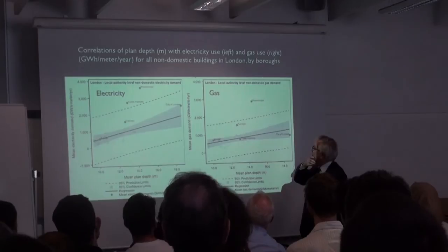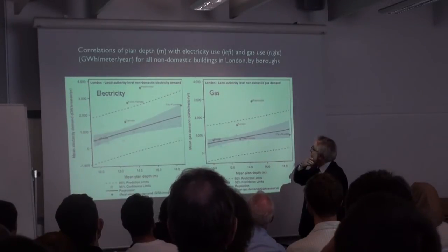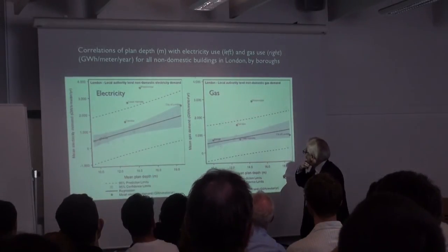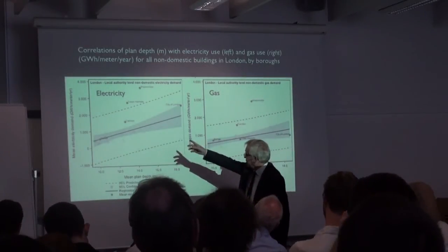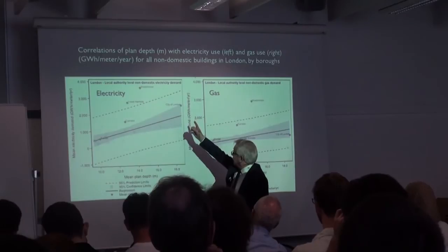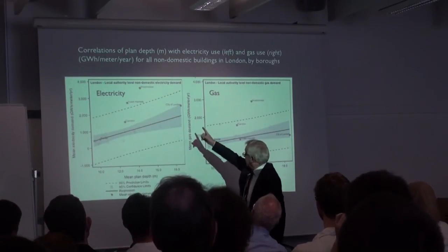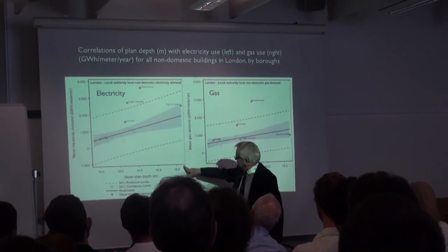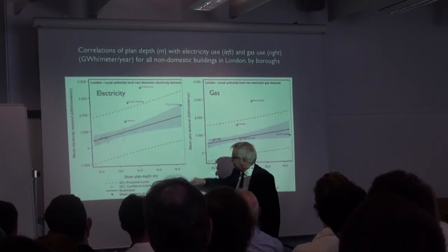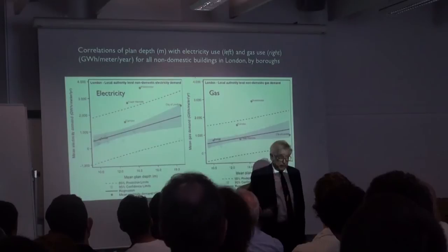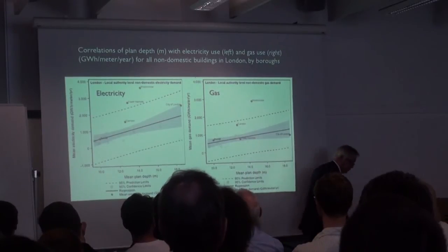Slightly weaker correlations than with surface area, but significant nevertheless. And again, with electricity, you see these office boroughs rising above the regression line. And you see in the City of London, the average depth of all non-domestic buildings is over 20 meters. So here's a lot of office buildings that must be air conditioned.